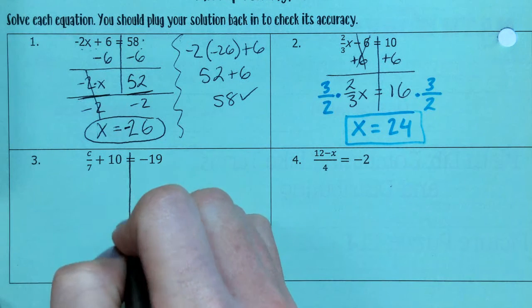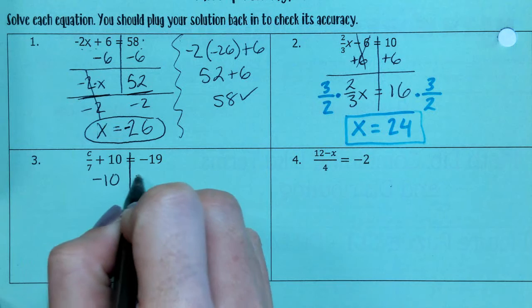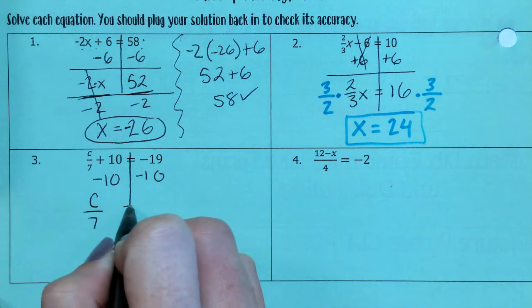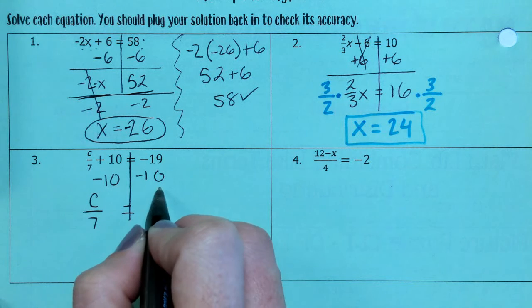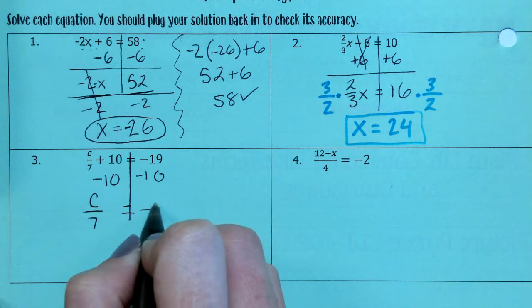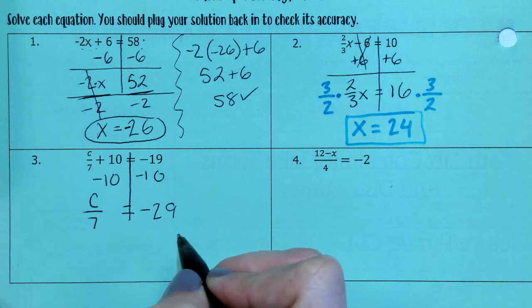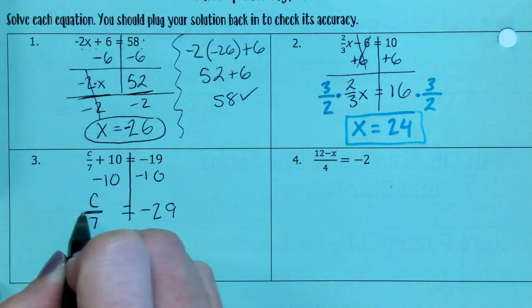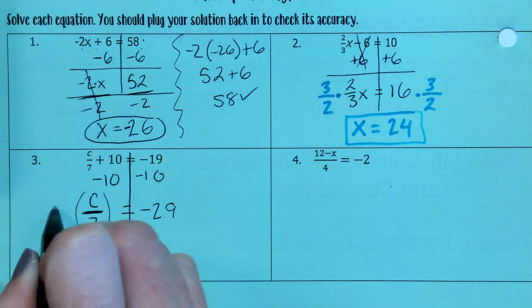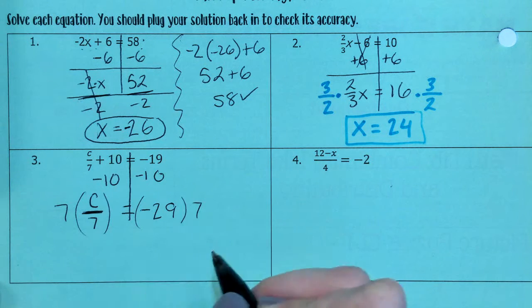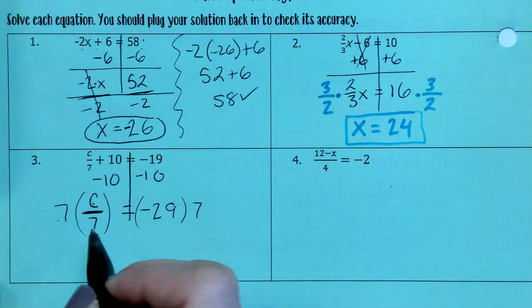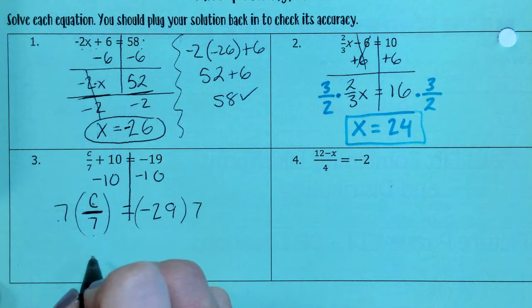Number 3, subtract 10 from both sides. C divided by 7 equals negative 19 minus 10, which is negative 29. To get rid of this divided by 7, we multiply both sides by 7. 7 times c divided by 7, 7c over 7, is 1c.